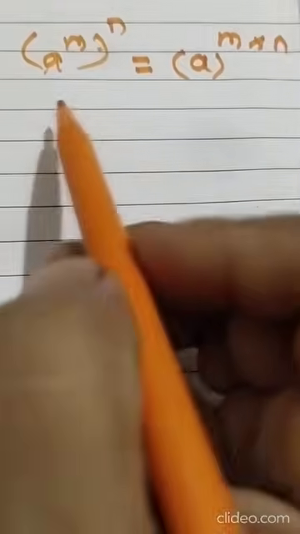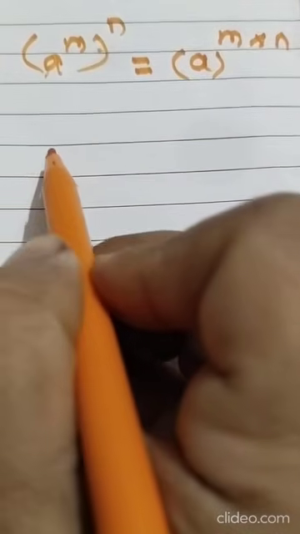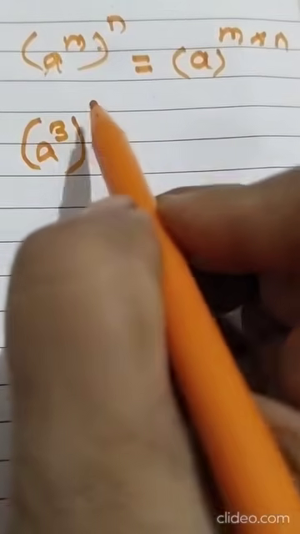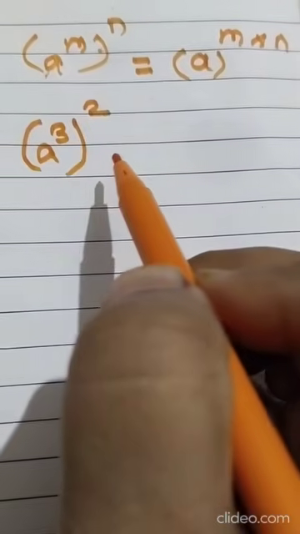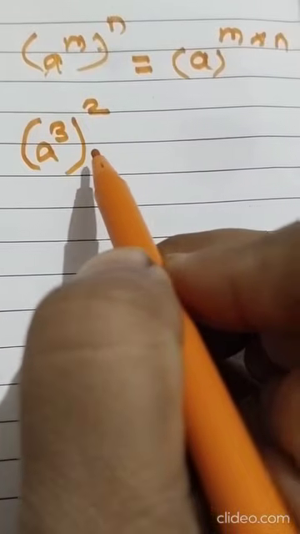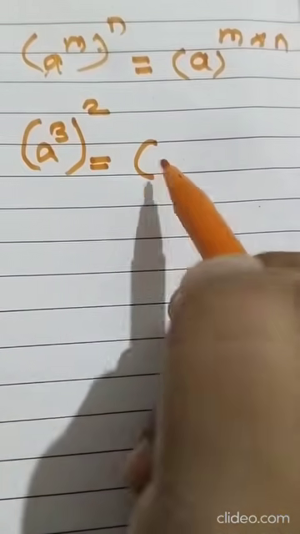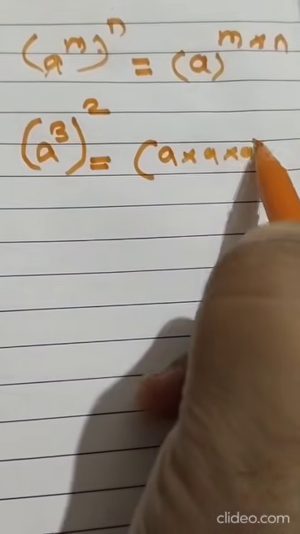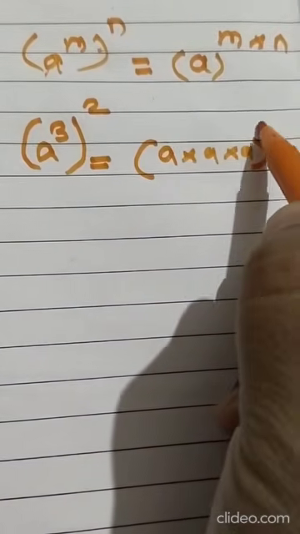So for example, if we have a raised to 3 and this whole exponent is raised to power 2. We can rewrite this a cubed as a multiplied by itself 3 times, and the whole exponent is raised to power 2.